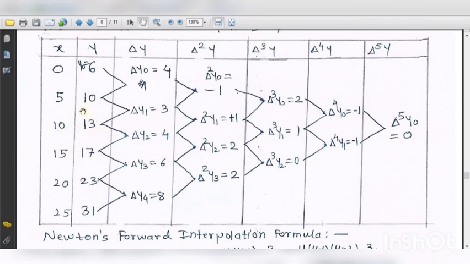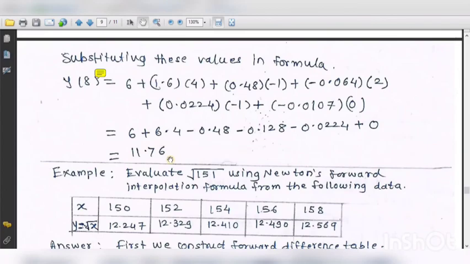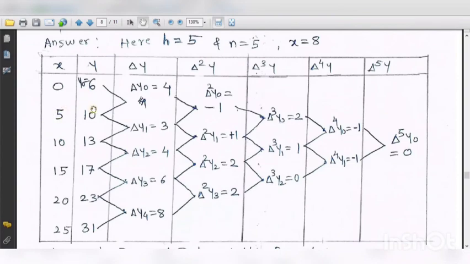It is 11 point something. So obviously it lies between 10 and 13, which means our answer is correct. Actually this is not an accurate value. In numerical analysis we never get an accurate value, we always get an approximate value. So this is an approximate value, and as it lies between 10 and 13, our answer is correct.